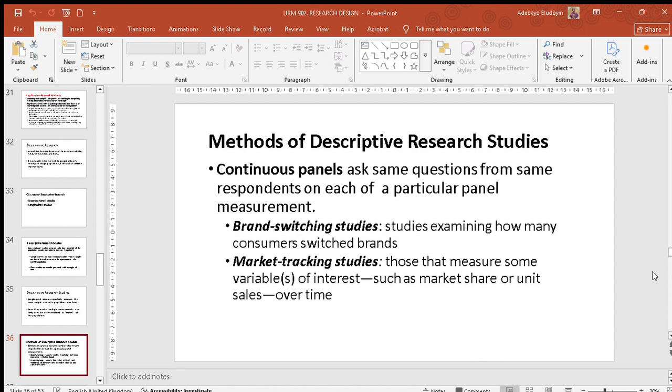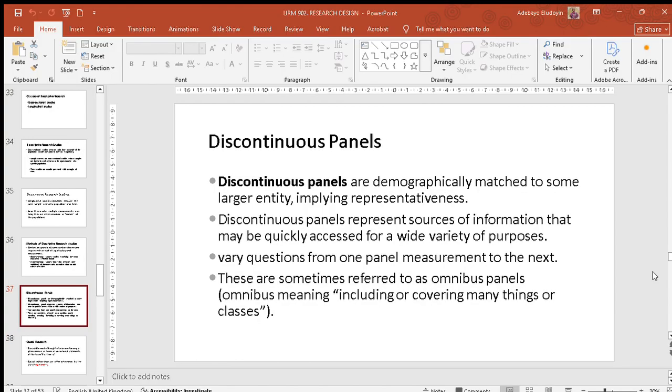When you talk about studies that want to define how consumers switch brand, or maybe you want to measure what affects somebody's perception or somebody's pattern of doing things, in this case we have what we refer to as continuous panels, and then the other time we have discontinuous panels. In this case, you match two different panels, two different informants.